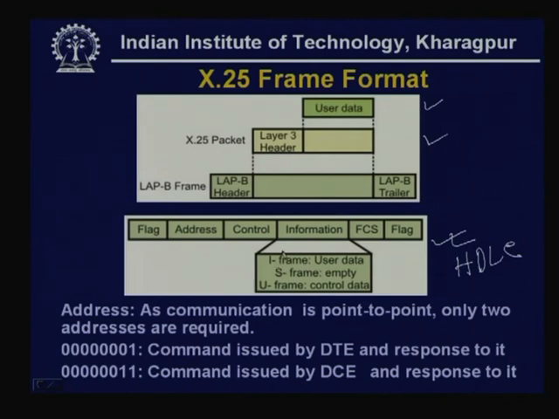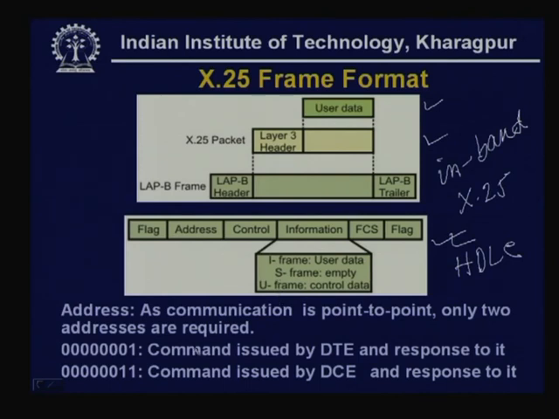One is the information frame, which is used for communication of user data, then the S frame, which is usually not used, and then the U frame. The S frame is not used in the context of X.25. Then the U frame is used to pass on control information, because it uses in-band signaling. We have discussed it. In-band signaling is used with the help of these control frames, U frames.